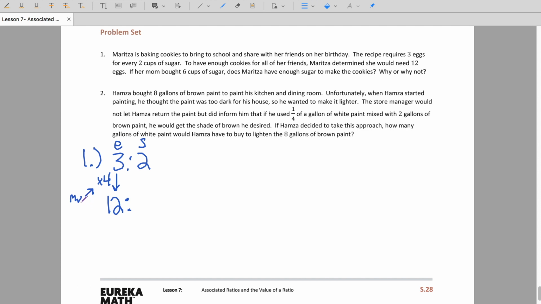Okay, 3 times 4 is 12. Well, if I multiply this one by 4, I've got to do the same thing to this one. Okay, 4 times 2 is 8. So she needs 8 cups of sugar. So she does not have enough sugar. Nope. Not enough.